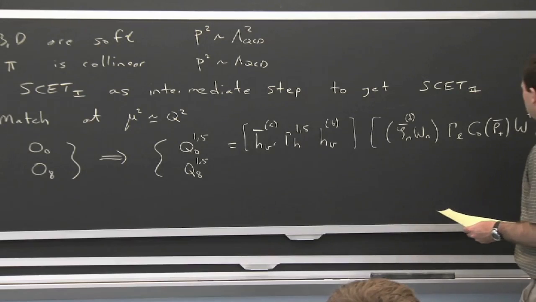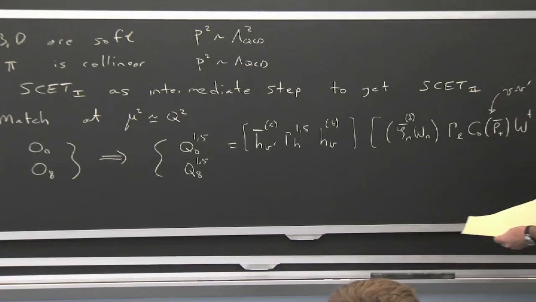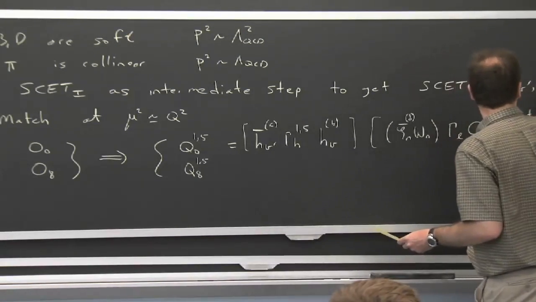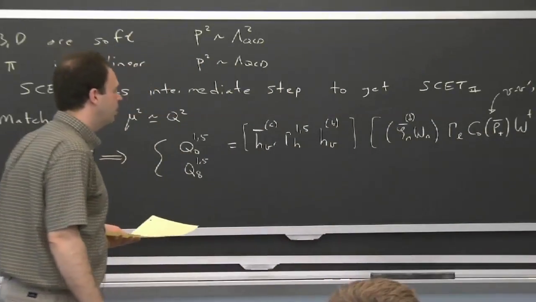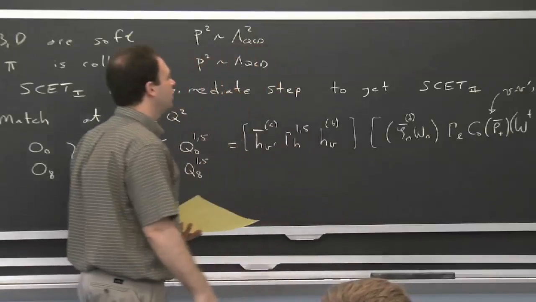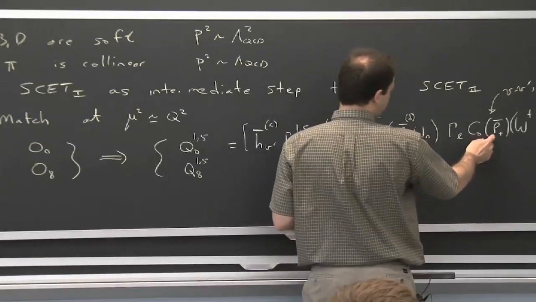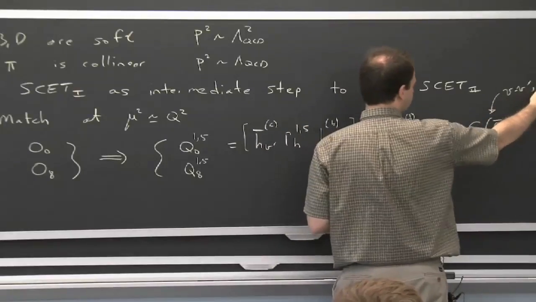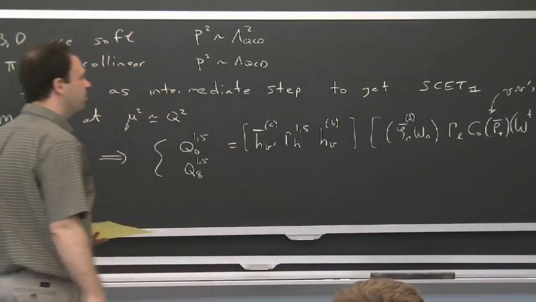This could also depend on v dot v prime. I didn't denote that, but in general it will. And it could depend on any of the scales Q. So it can depend on the large momentum of the collinear fields, as always. And there's one combination that's not restricted by momentum conservation. So there's one combination that's not related to these scales. And that's, in my notation, the p-bar plus operator.